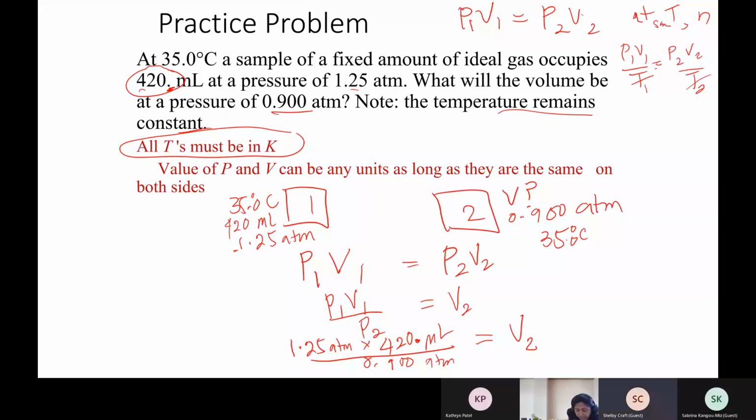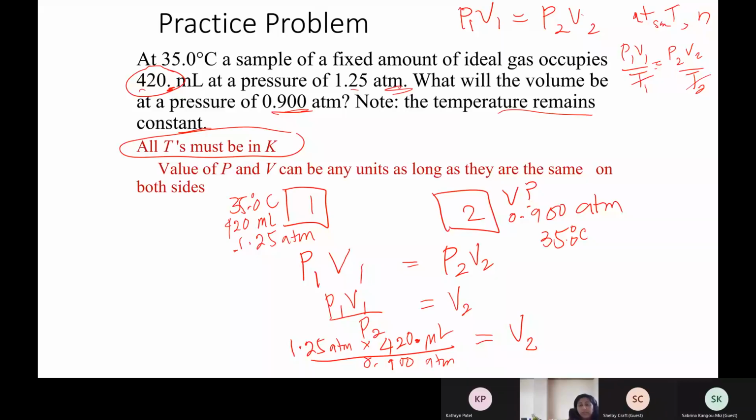So we don't have to change the volume to liters in this equation, only if it asks for it in liters. That's right. Otherwise, if the question didn't ask for the volume in a certain unit, you can plug the volume in milliliters. That's a good question. The next thing, both pressures and both volumes must be in the same type of unit.